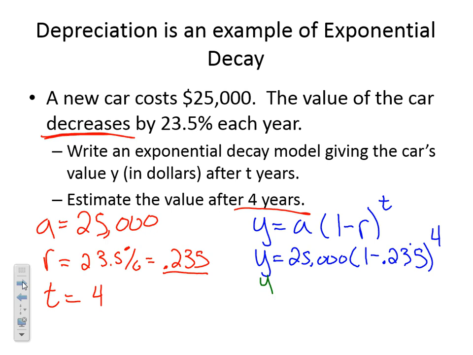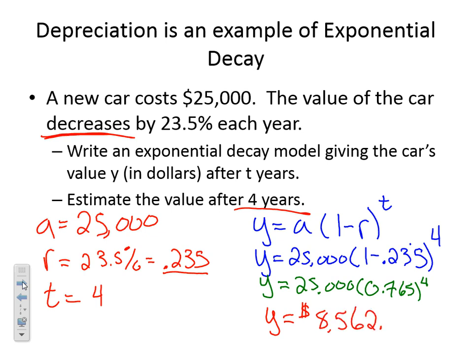Now, y equals 25,000 times, now we're subtracting, so we get 0.765 to the fourth power. We're going to type this into our calculator, and y is going to equal a dollar amount of $8,562.20.